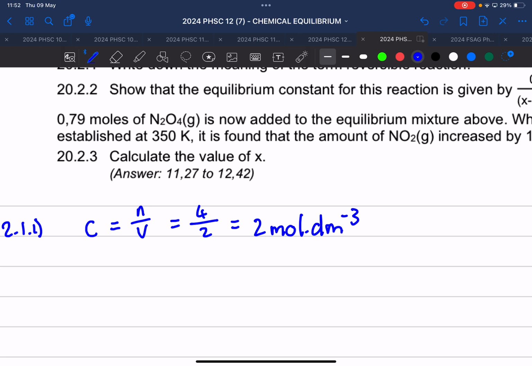This is Y's value. We can't use the mass because this is a gas. We can't weigh a gas.